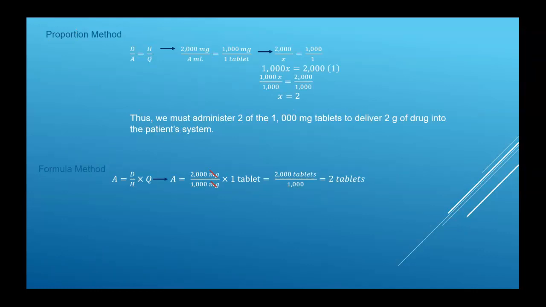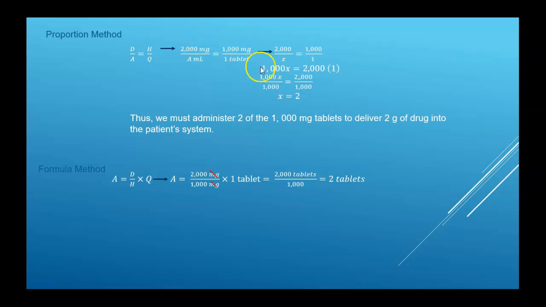So there's your proportion method. Again, the doctor ordered 2 grams, converted to 2,000 milligrams, and I need to know how many tablets. So that has to be proportional to what we have on hand, which is 1,000 milligrams per tablet.